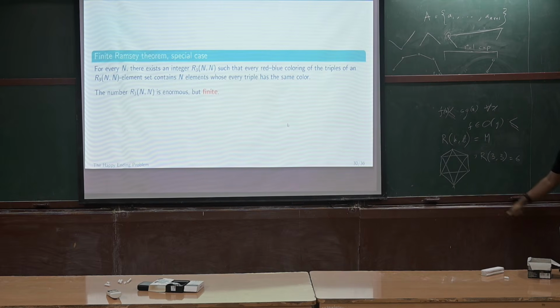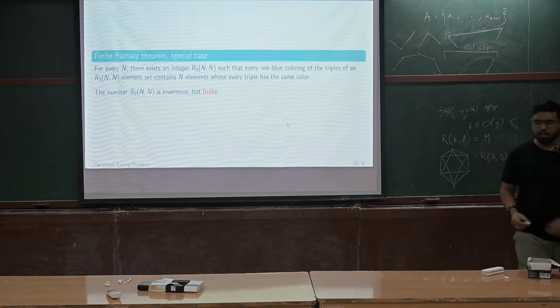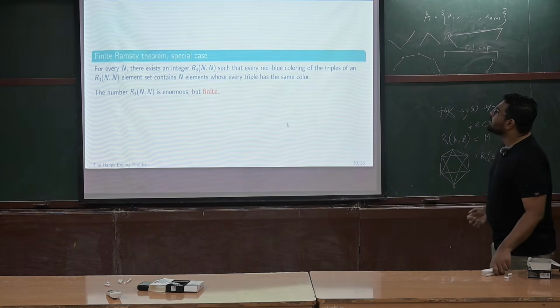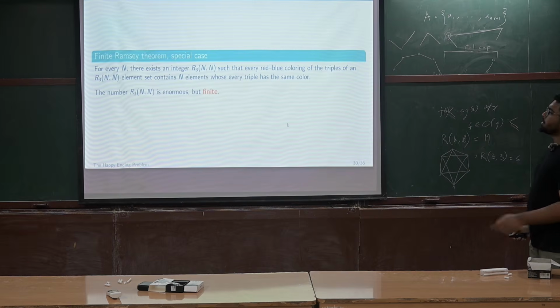For those who do not know, a quick thing that you could try out: try proving that you will always have a red 3-gon or a blue 3-gon if you have a complete graph on 6 vertices. It's a very easy proof. You can either try it out or you can check it out. Nice exercise to do. So yeah, what is the Ramsey for triples?